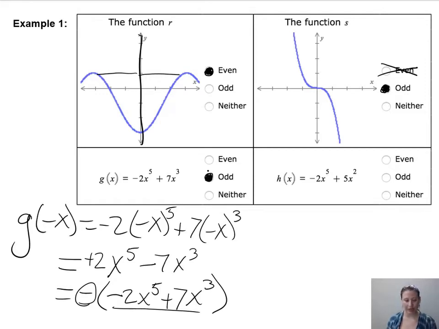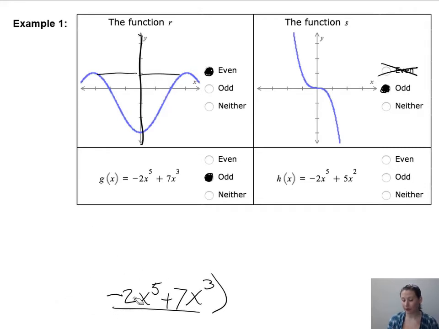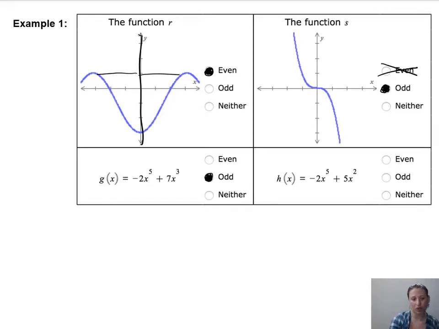Now let's think about h of x. Again, we need to look at the exponents. So what do we have? We have an odd exponent and an even exponent. Well, so we don't know what to do with that. Is it even? Is it odd? Is it neither?